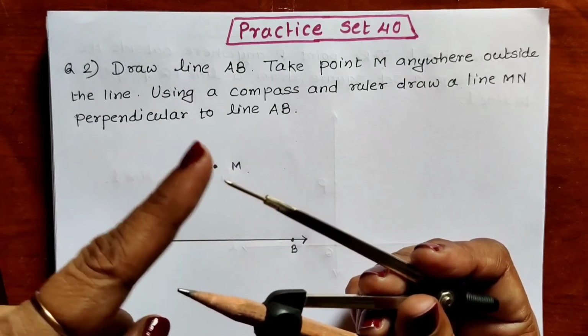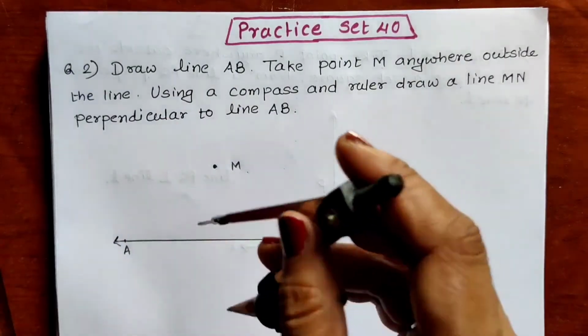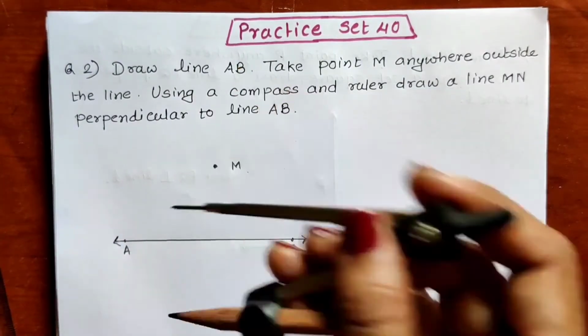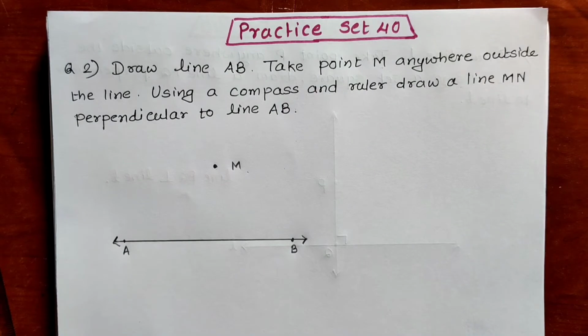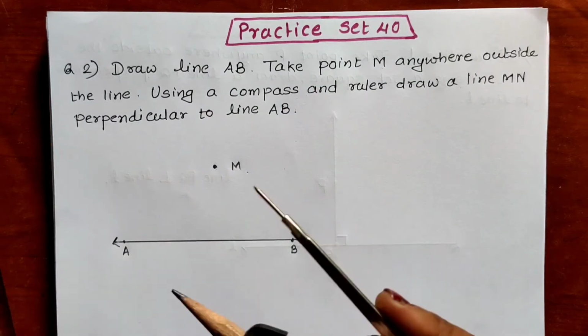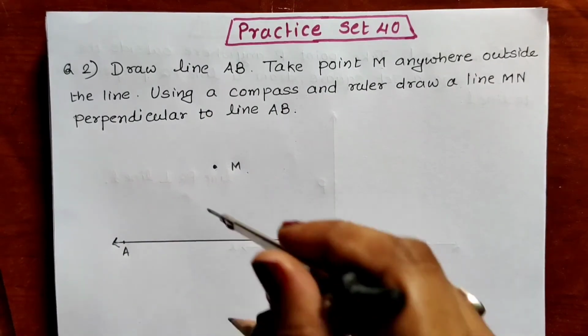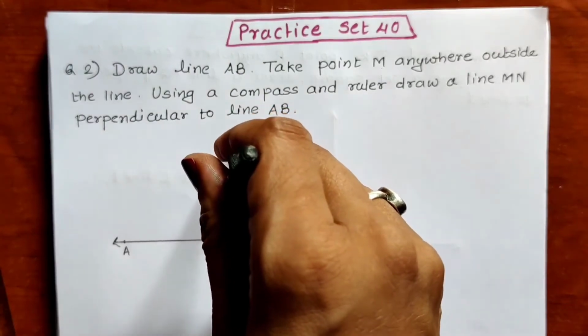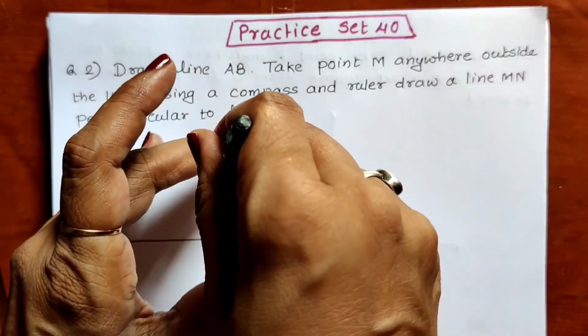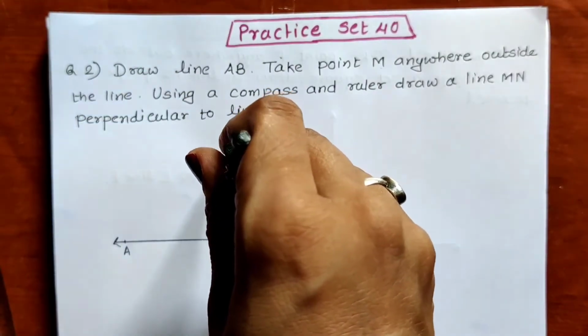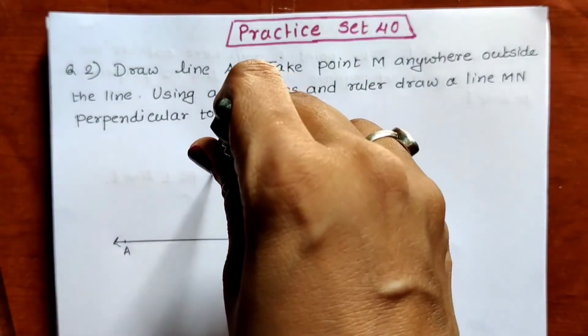Place the compass point on point M. Any convenient distance you have to take. For this distance also there is no measurement. And from this point you have to draw two arcs on this line AB such that these two arcs cut this line.